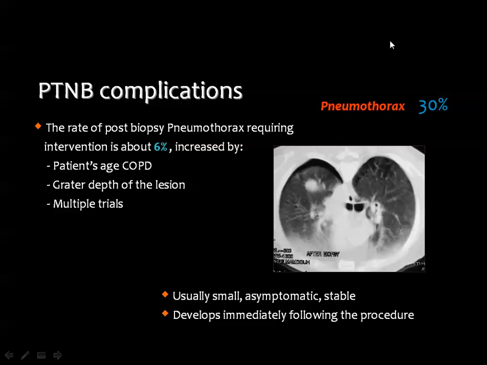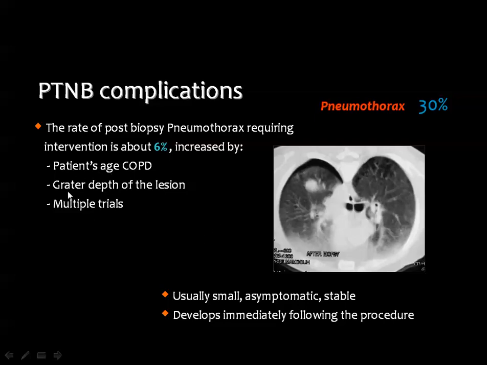Actually, the pneumothorax happens in about 1/3 of the cases, but this pneumothorax is usually limited, a very small amount, and it resolves spontaneously. And sometimes, in about 6% of these 30% of cases, may develop a rapidly accumulating pneumothorax, and they require an intercostal tube. This is common in patients with COPD or very old patients.